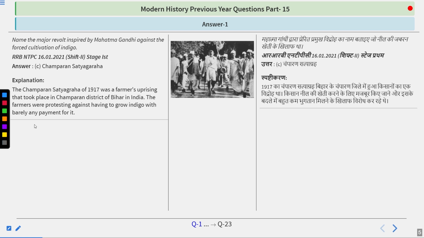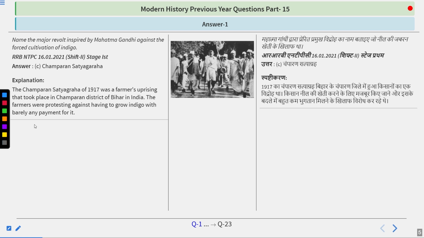But still, the Britishers kept on pressurizing the peasants to grow more indigo. And even though they were growing it, they did not get any kind of compensation or money for those crops. The peasants were very sad, disheartened and worried about their land and particularly about their wages.